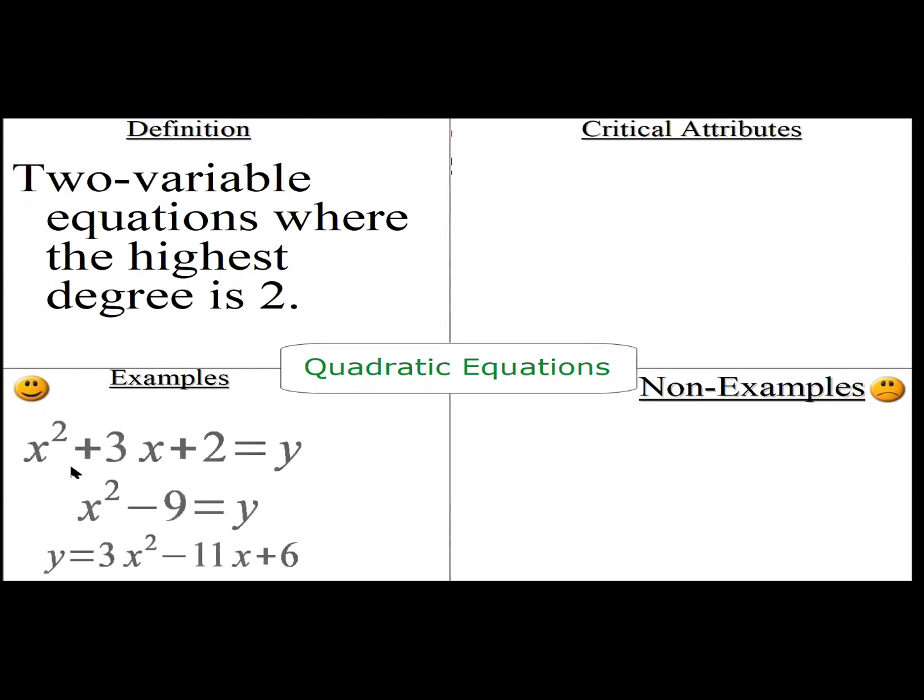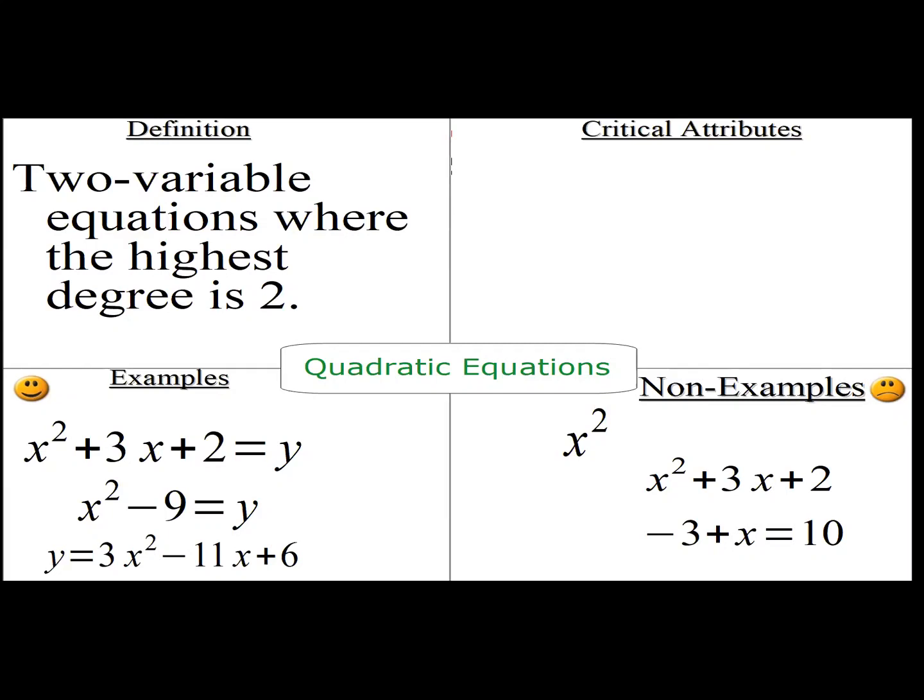Examples: x squared plus 3x plus 2 equals y, x squared minus 9 equals y, and y equals 3x squared minus 11x plus 6. Non-examples: x squared plus 3x plus 2, and negative 3 plus x equals 10. Copy that. I'll give you some time, and then I'll come back to finish that portion. Copy and go.